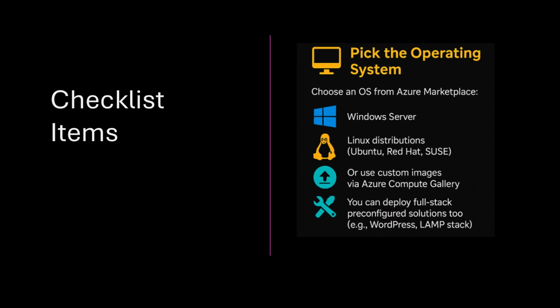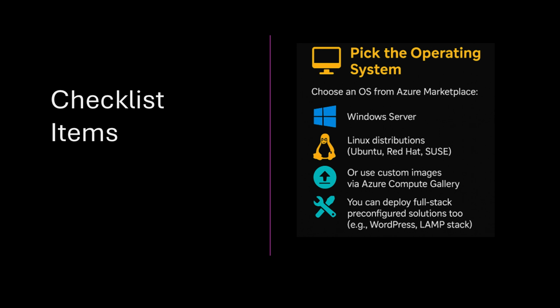When you set up your Azure virtual machine, one of the key decisions you will make is selecting the operating system. Azure makes this process simple by offering a wide variety of ready-to-use images in the Azure Marketplace. If your workload is best supported by Microsoft's ecosystem, you can choose Windows Server.